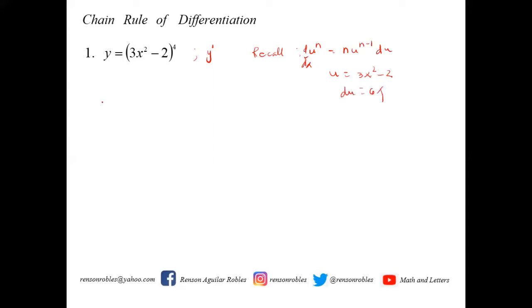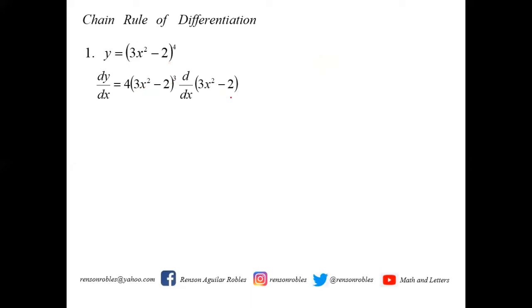Okay, so for its derivative, what you are going to do is you just bring this 4 here in front, okay? And then you copy 3x squared minus 2, then you subtract 1 from the exponent, and then you differentiate 3x squared minus 2, and it will become 4 times the quantity 3x squared minus 2 to the third power times the derivative of 3x squared minus 2.